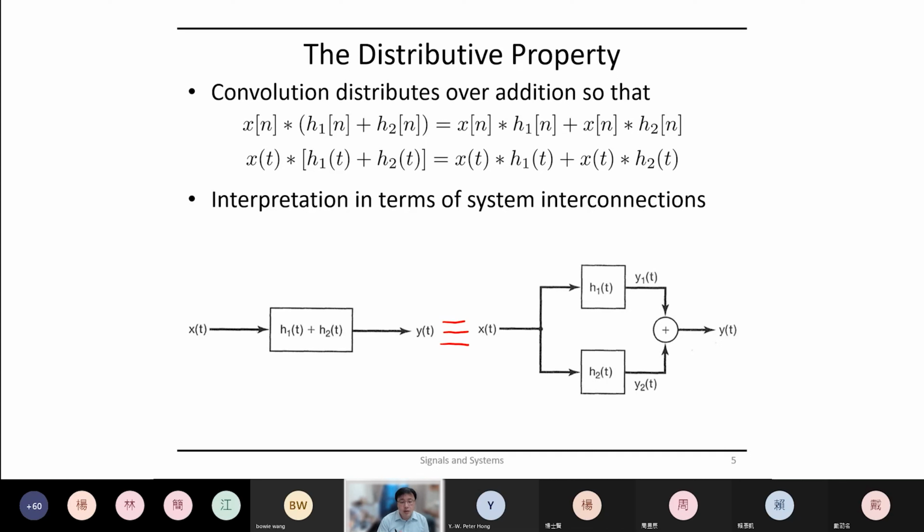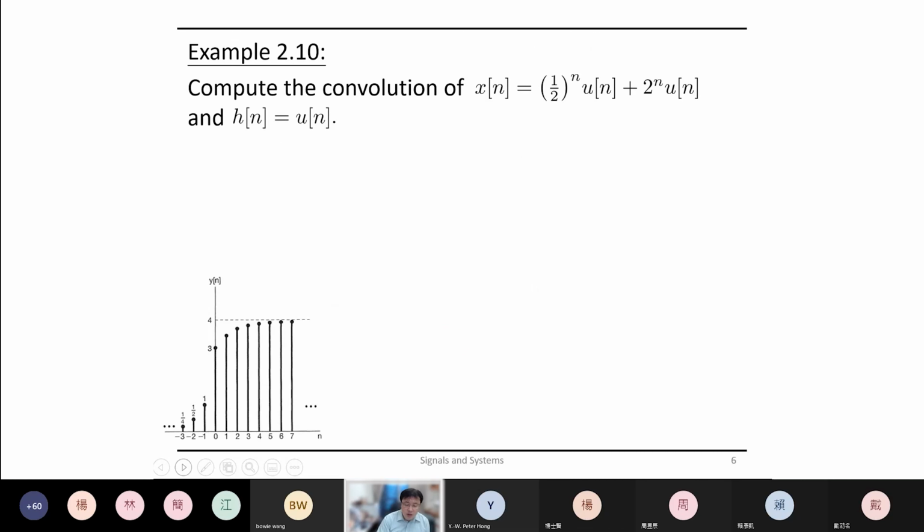Now, this is also often convenient because you can sometimes do it easier one way or the other. So here we have an example where we have an input signal x[n] equal to (1/2)^n u[n] plus 2^n u[n], and a system with impulse response u[n].